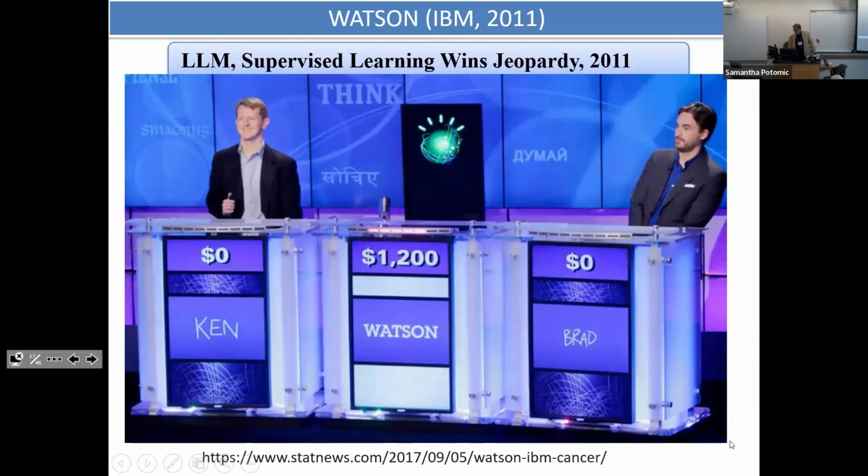You had a machine winning Jeopardy against 2 award-winning Jeopardy experts. So in 2011, they won with WATSON, a supervised learning large language model. It starts getting to what we see today. And it took a massive amount of CPU cycles. I saw 80 million somewhere was what IBM put into this.